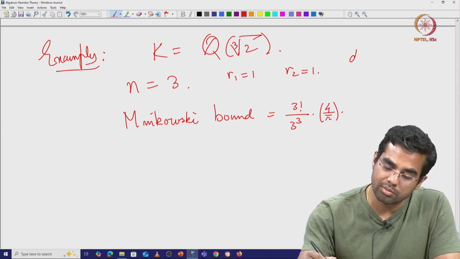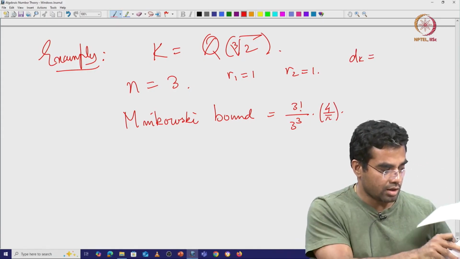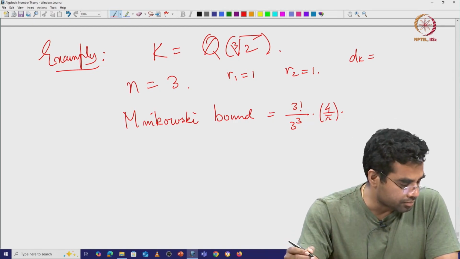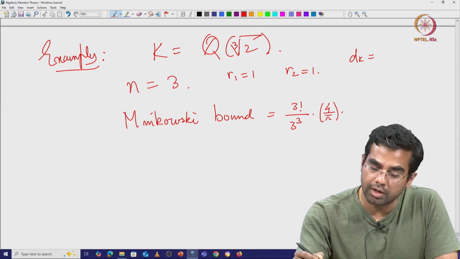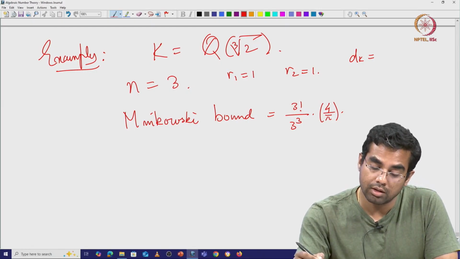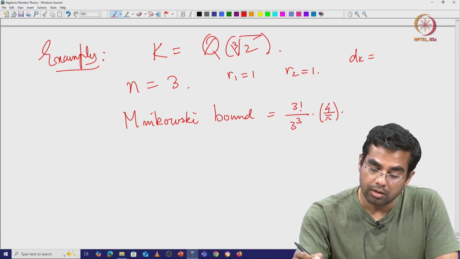So, what is the discriminant of this? I think we did compute discriminants for pure cubic fields, and this turns out to be 27 times 2 squared.